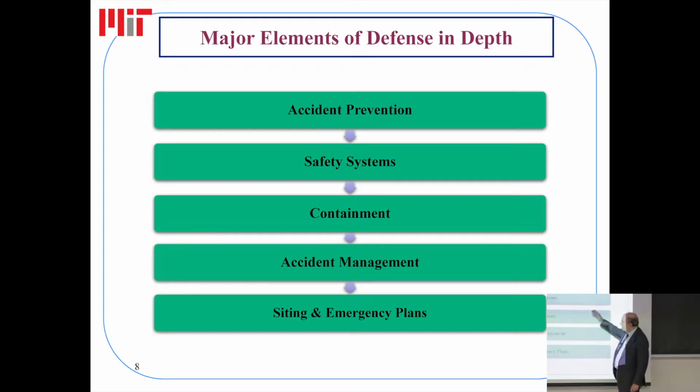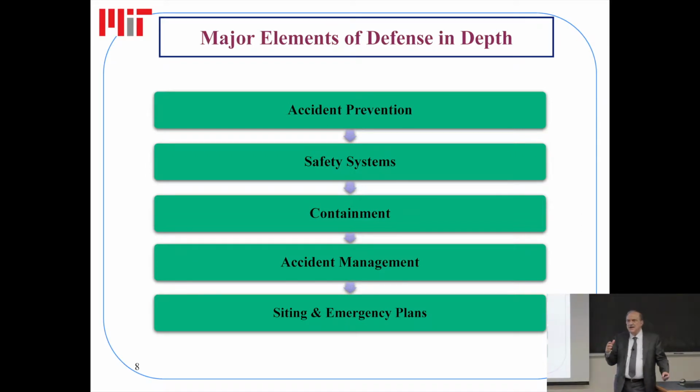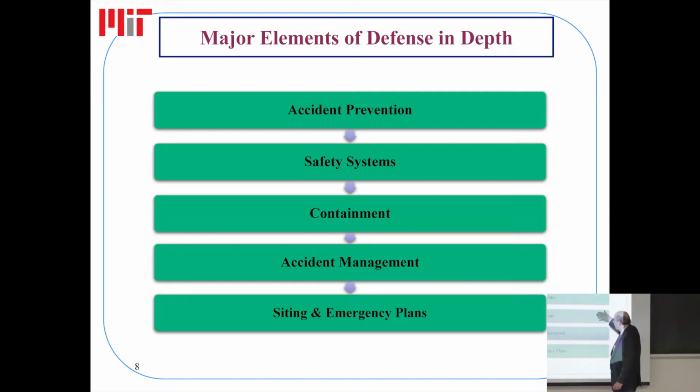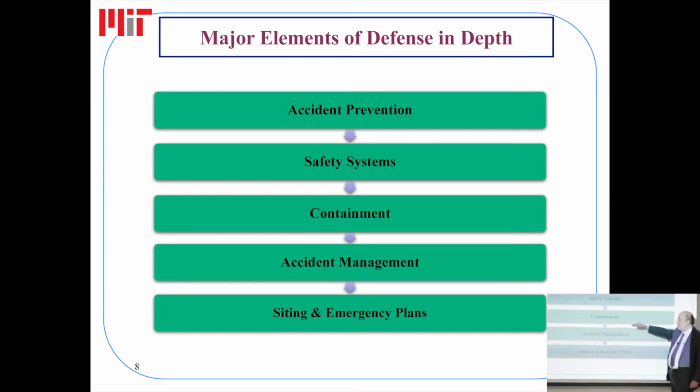But then, you see, that's the idea of defense in depth. Another way of thinking about it is, yes, we are doing the best we can, but what if we are wrong? Okay? So, even though we have a very strong containment and multiple safety systems, we do everything we can to prevent accidents. At this point, we say, what if we are wrong?